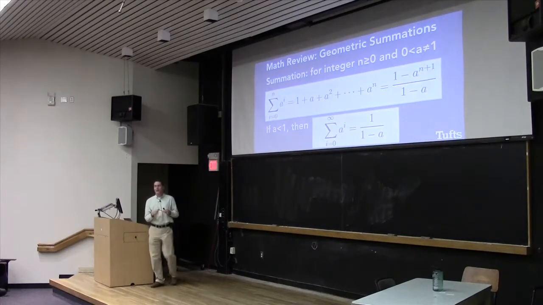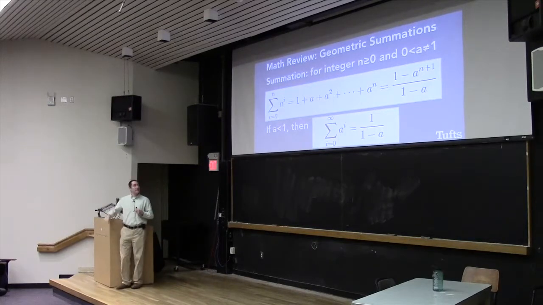Okay, we've also got these things called a geometric summation. A geometric summation says if you've got n greater than or equal to 0, and a being between 0 and infinity except for 1, it just doesn't work with 1. We'll see why in one second.